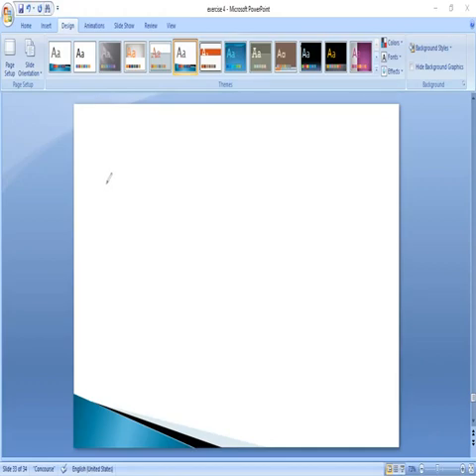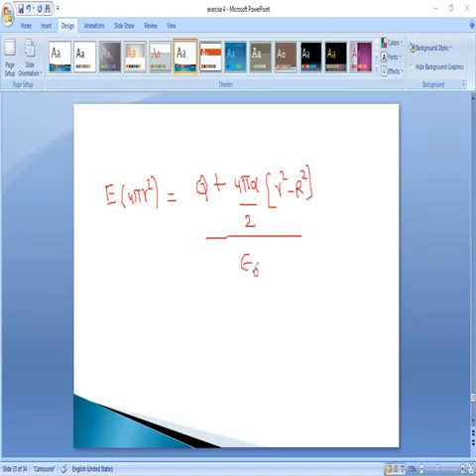So that is E into 4 pi r square is equal to Q plus 4 pi alpha is constant, and r dr remains. Integration of r dr is r square by 2, and if you substitute lower and upper limits, that will be r square minus R square, of course, by epsilon naught.